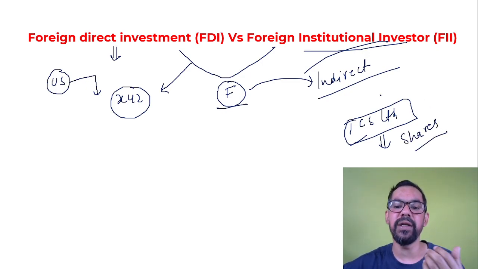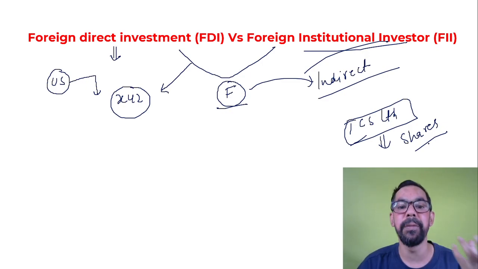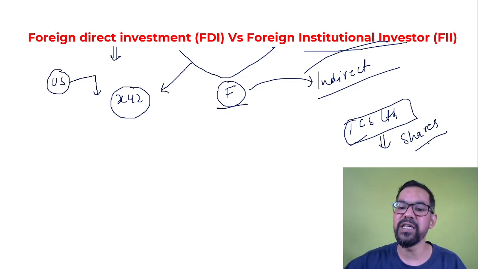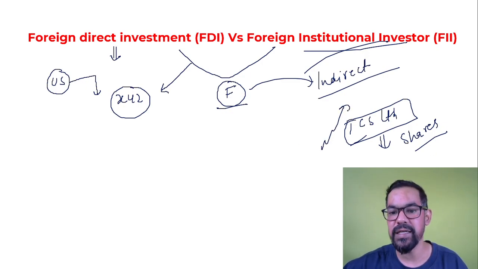If you buy the share of any company, you become the owner of that particular company. Owner means if this company is performing well, the prices of shares will also go up, and vice versa.